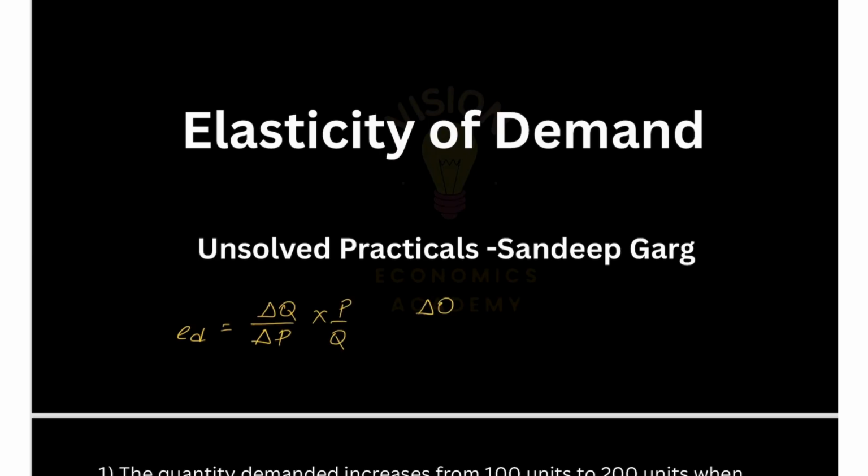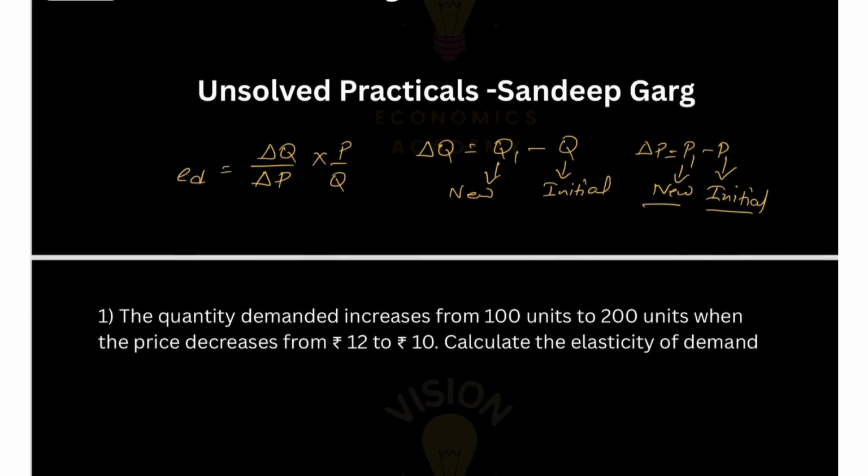And change in Q is Q1 minus Q, Q1 being the new quantity and Q being the initial one, or the old one. And same thing with change in P: P1 minus P, P1 being the new, and P being the initial, right? Keeping that in mind, let us start the first question.